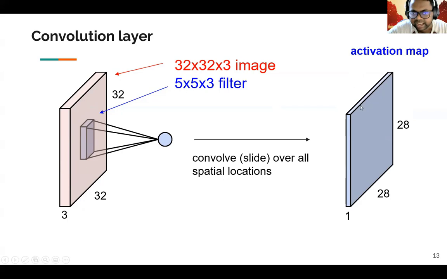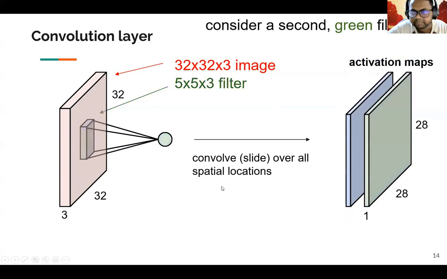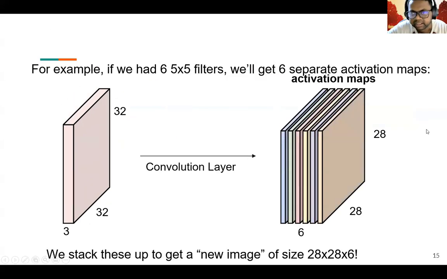This activation map can be obtained for multiple filters. Imagine you have another 5 by 5 by 3 filter, then you get another activation map. In the same way, you can apply 6 such 5 by 5 by 3 filters, giving us 6 activation maps. In other words, your convolution layer is now taking us from 3 channels to 6 channels.